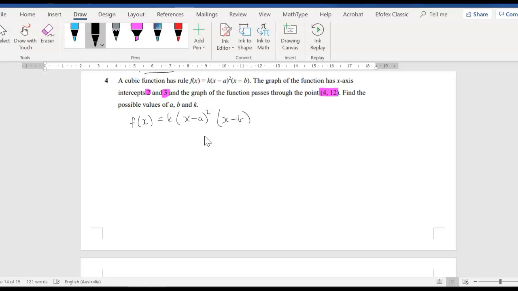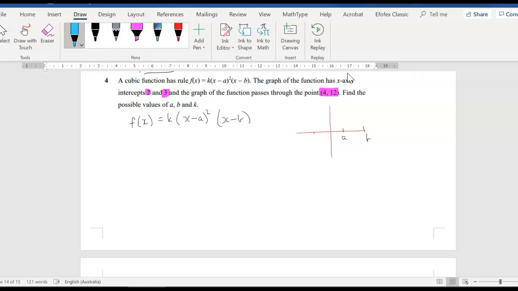So remember, for your graph, I'll just draw the graph here. We've got axis intercepts at, well, it doesn't matter where A and B are. Maybe I should put them over here, because they are 2 and, well, I know they're going to be 2 and 3, but I'll just explain it in a sec.